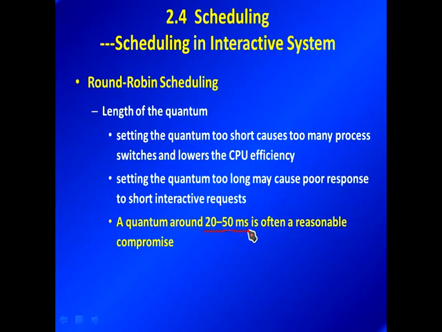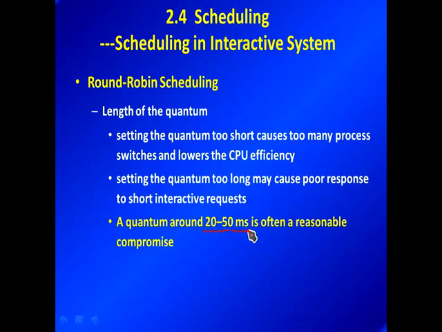But generally speaking, the basic idea for round robin is much simpler, right? You list all the processes in a waiting queue and let them take turns to use the CPU for a fixed time, one quantum. Every process gets into the CPU and runs for one quantum, and then the clock interruption reminds the scheduler to run for a while and select the next process to get into the CPU for another quantum.